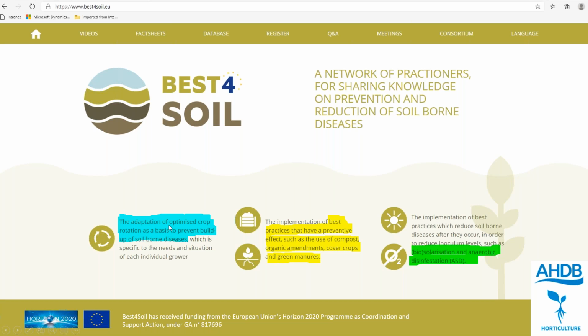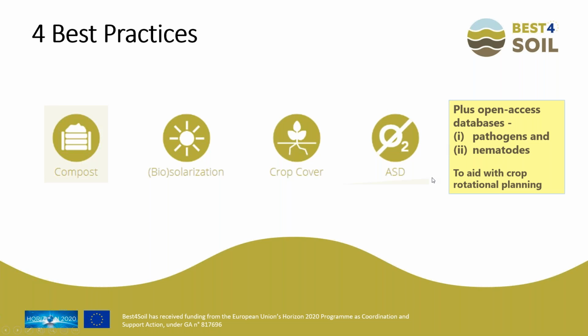And as you can see, it says that we're a network of practitioners trying to share the best knowledge available on the prevention and reduction of soil-borne diseases, and through the adaptation of optimized crop rotations, the use of cover crops, compost, green manures, biosolarization, and anaerobic soil disinfestation, which we'll touch on in this webinar. Those are the 4 best practices, that's where the 4 comes from in Best for Soil.